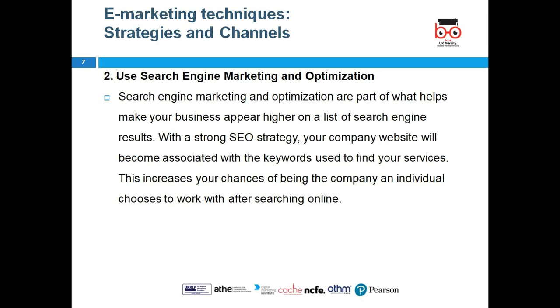So for example, if you take Google, if you didn't get the right keywords, then Google wouldn't pick you up. So search engine optimization is about getting the keywords or the buzzwords there, so that when people search, it comes up first.